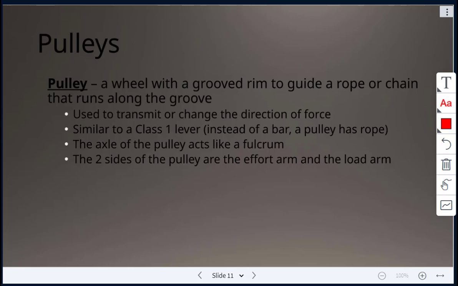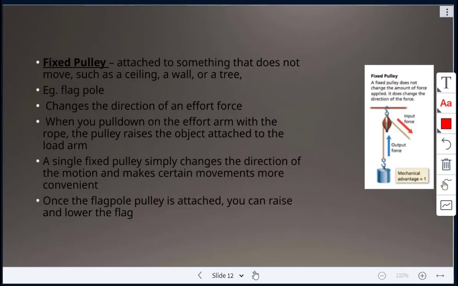Think about blinds: you can pull the blinds, and it changes the direction of force. It's similar to a class 1 lever, but instead of a bar, a pulley will have a rope. The axle of the pulley acts like the fulcrum, and the 2 sides of the pulley are the effort arm and the load arm.